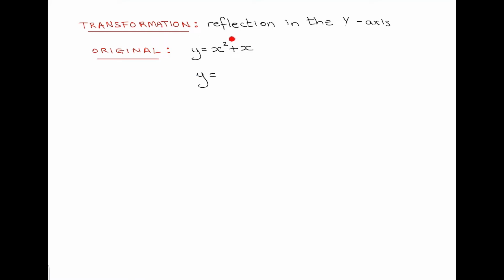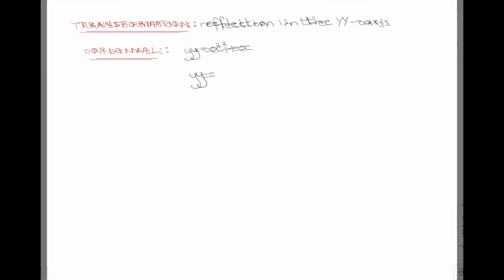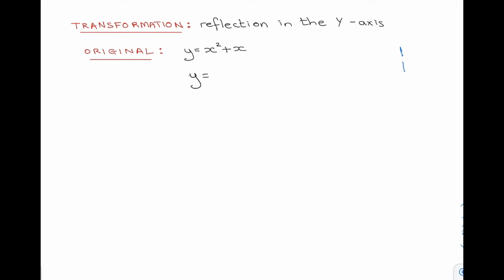We're going to take the right-hand side of the original equation and complete the square. Taking the coefficient of x, which is a hidden 1, we halve that to give us a half, and then we square to give us 1/4.